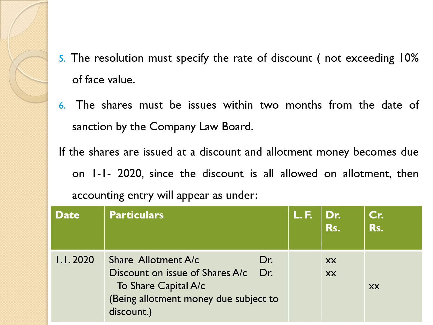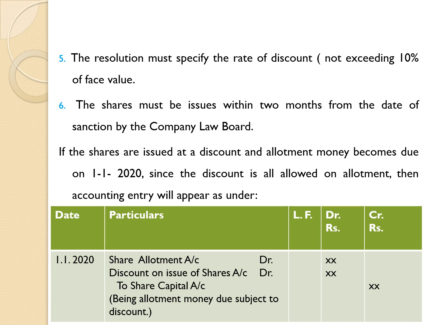When allotment money falls due and is subject to discount, the entry will be passed as under. We mention here the date, 1st January 2020. Share allotment account debit.